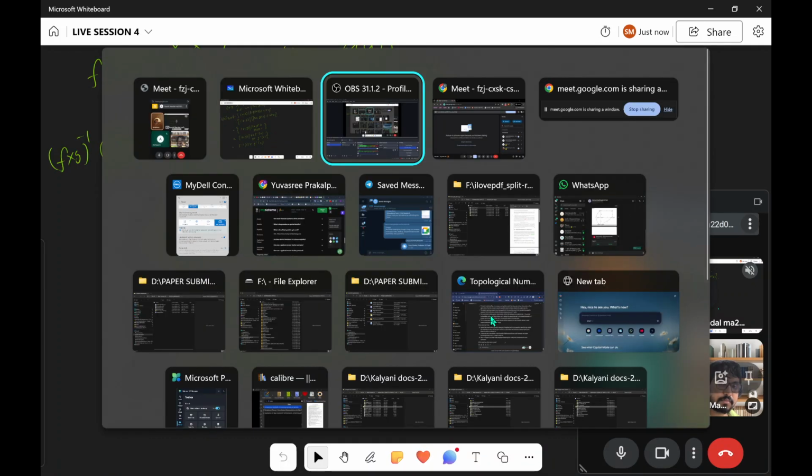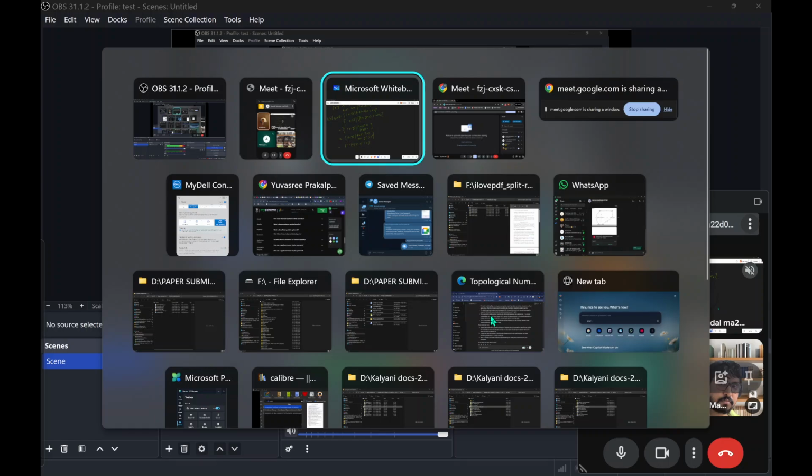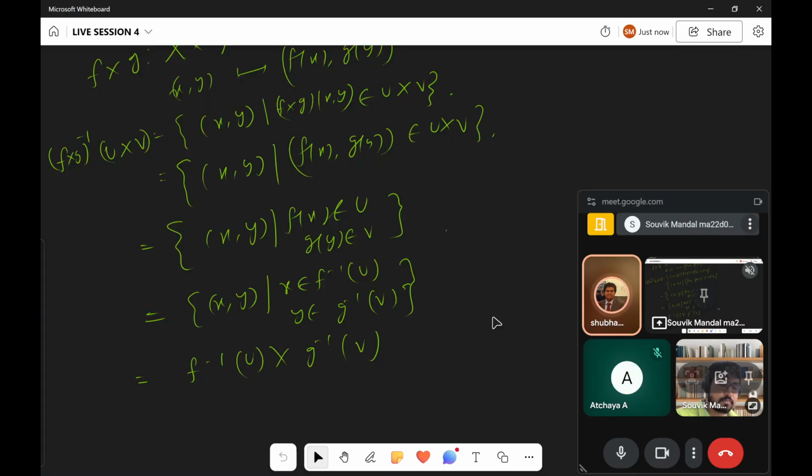Therefore the inverse image of U cross V under F cross G will be an open set in X cross Y. Right, correct.